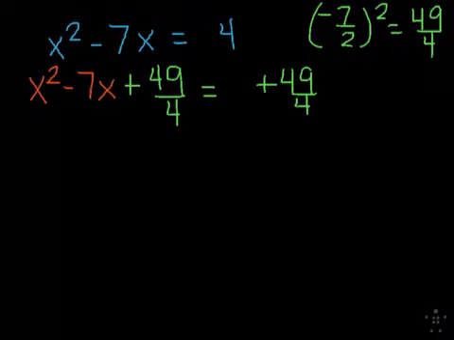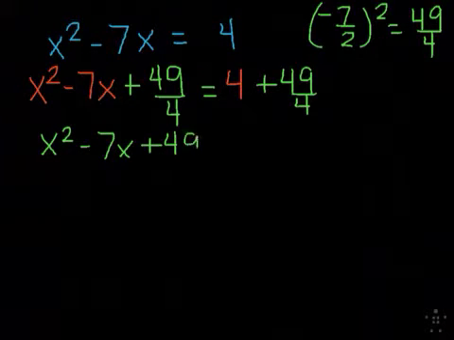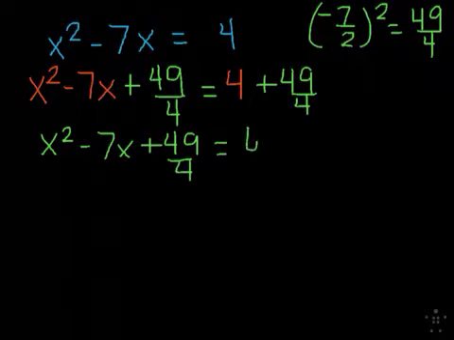Change this 4 to red since the other ones were red. So we know we added in. Okay. So 49 divided by 4 is our new c value. So our new equation is going to be x squared minus 7x plus 49 over 4 equals 65 over 4.